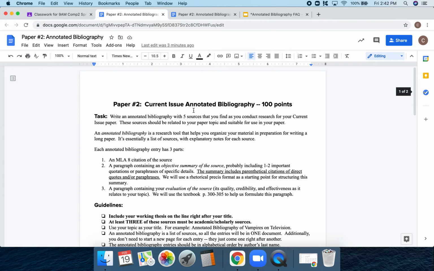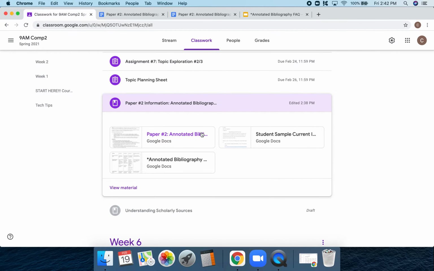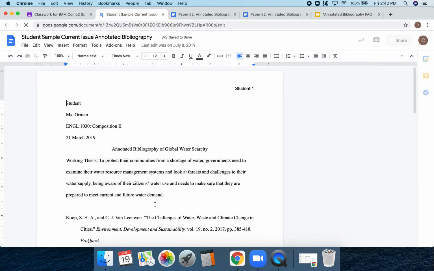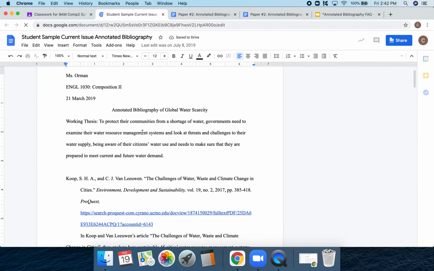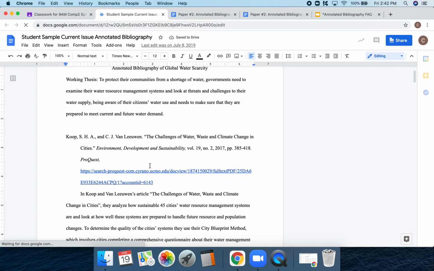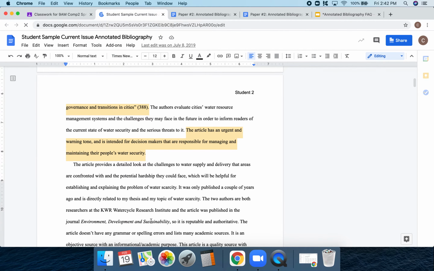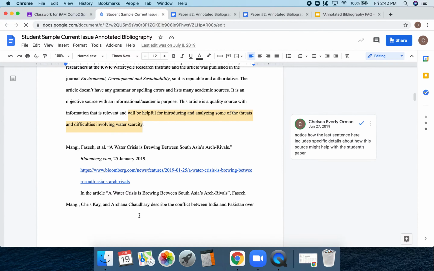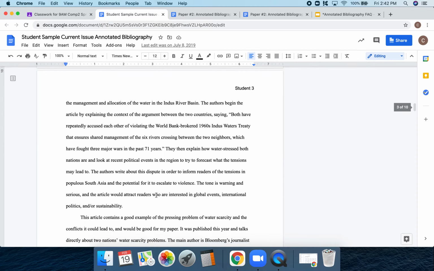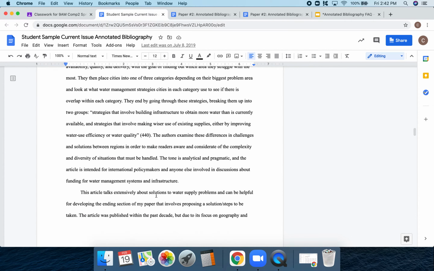If you would like to see a more thorough example, you can open the student sample. This is for an actual current issue annotated bibliography. So you can see the same setup. We've got one source here, but then you can see how the next source just follows behind it or underneath it. There's an extra space here to differentiate, and the sources are in alphabetical order as they go, and you can see a variety of different types of sources.